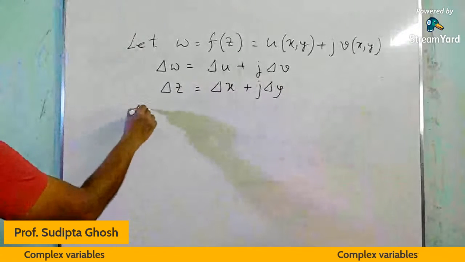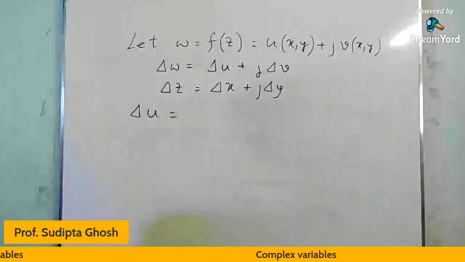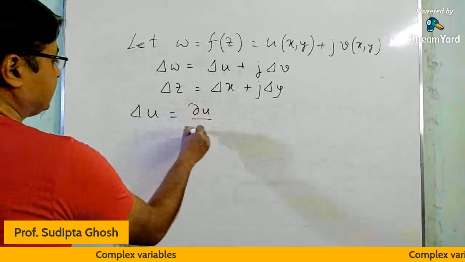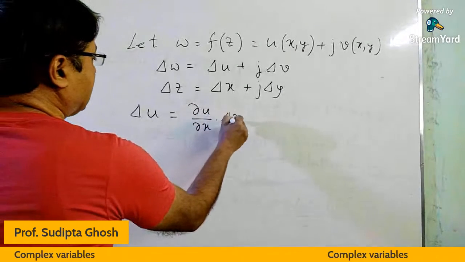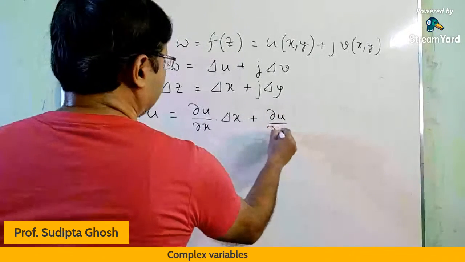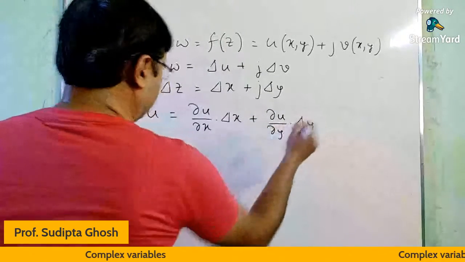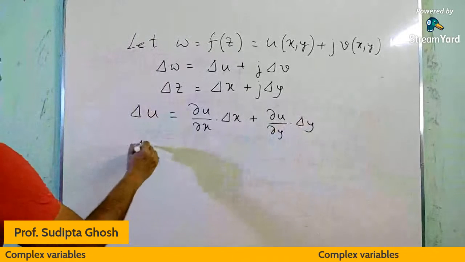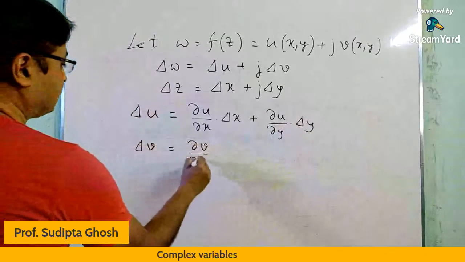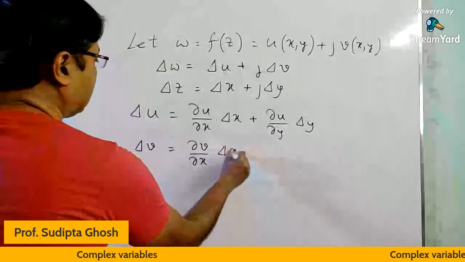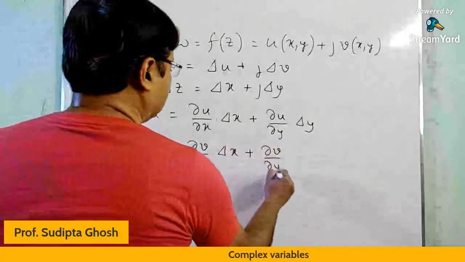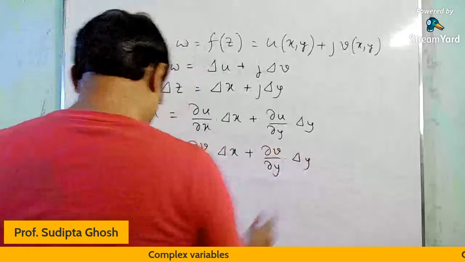Also delta u can be written as del u/del x into delta x plus del u/del y into delta y, and delta v can also be written as del v/del x dot delta x plus del v/del y dot delta y.